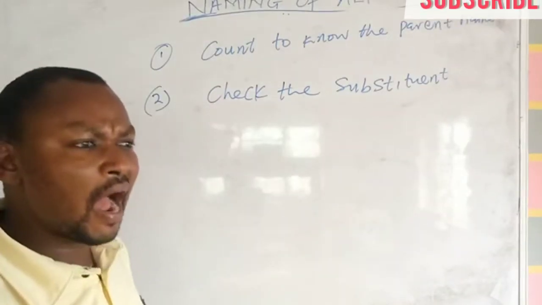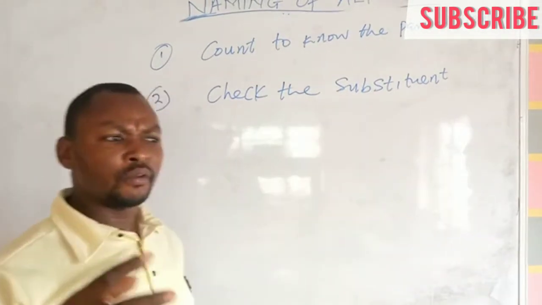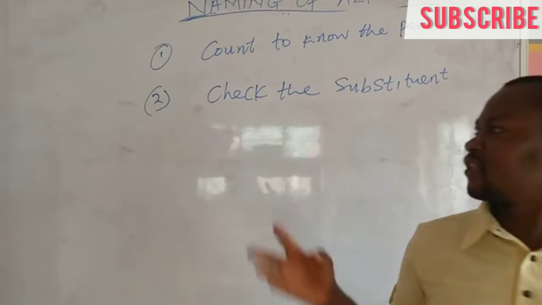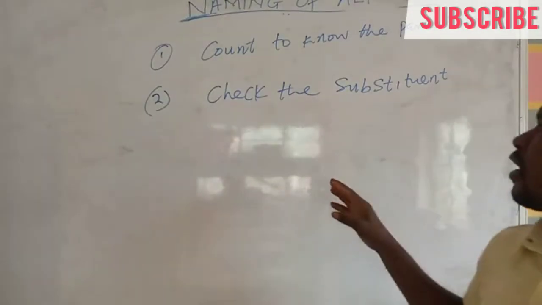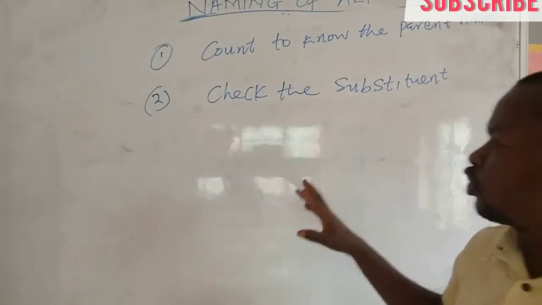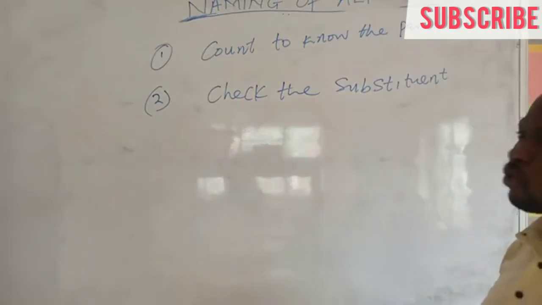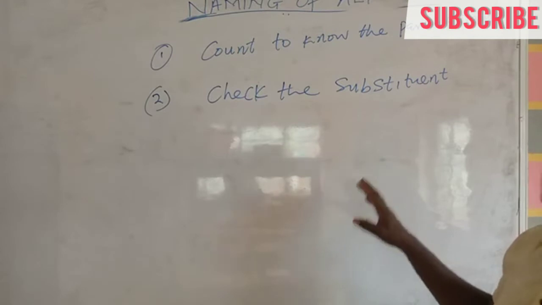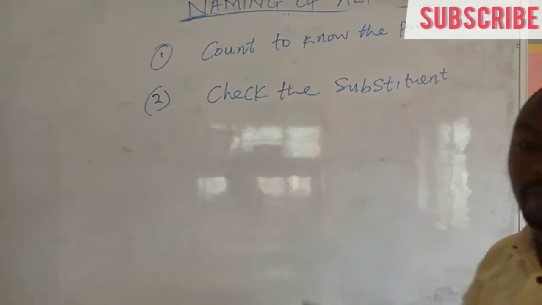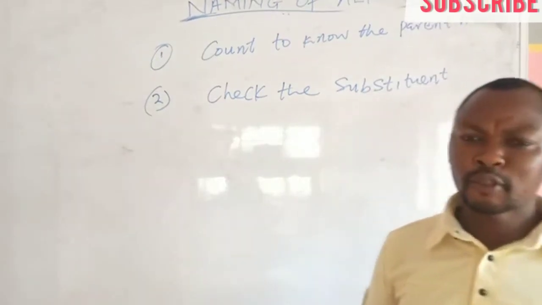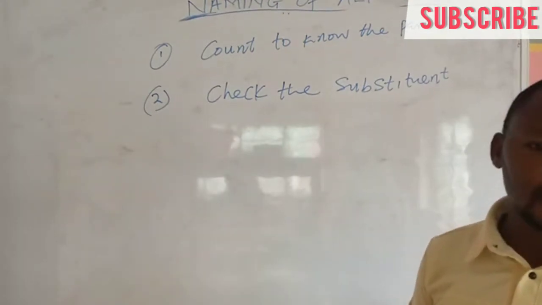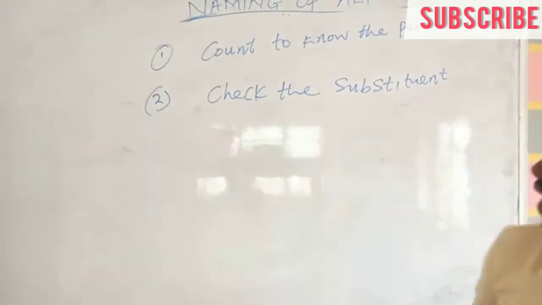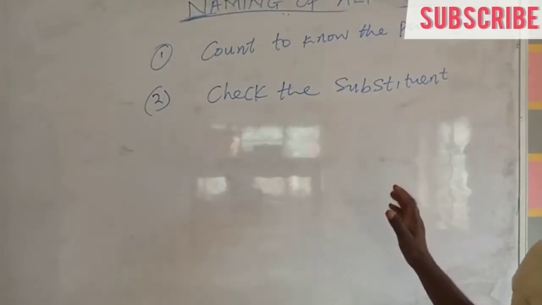Substituents are a group or an atom that is able to replace hydrogen in the compound. So that's what we call a substituent. A substituent can be a halogen. A substituent can be an alkyl group. Okay? So you check out for substituents.